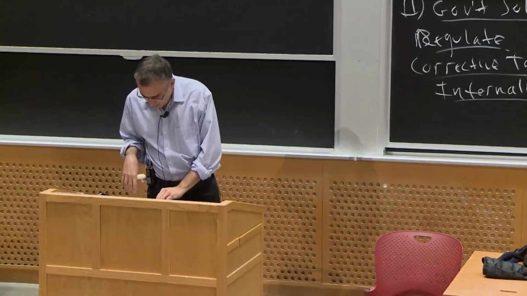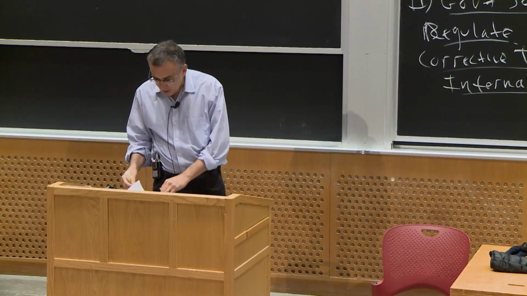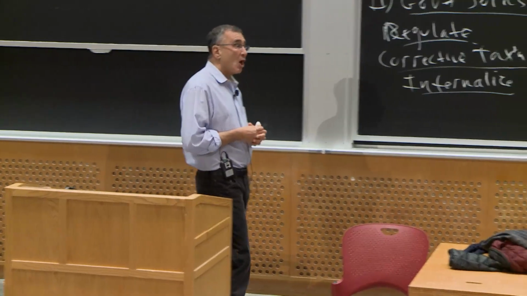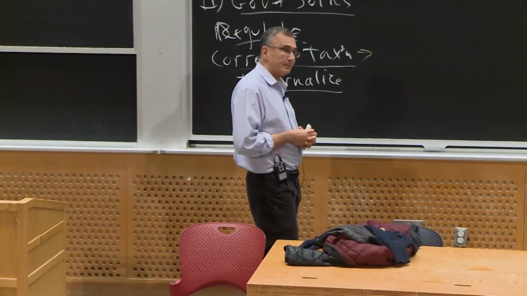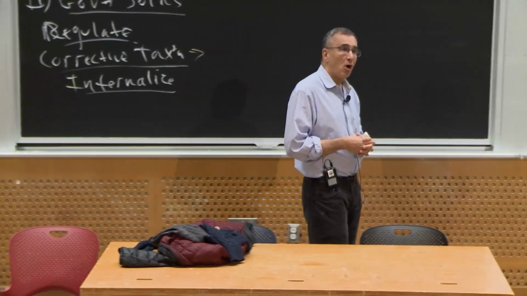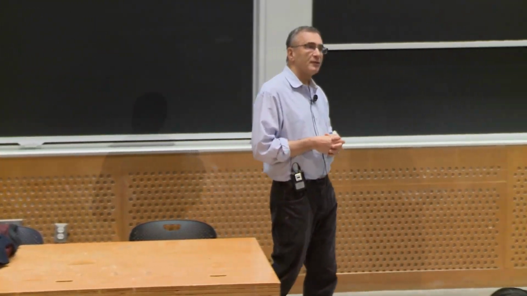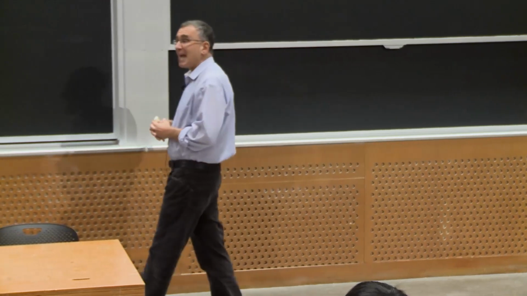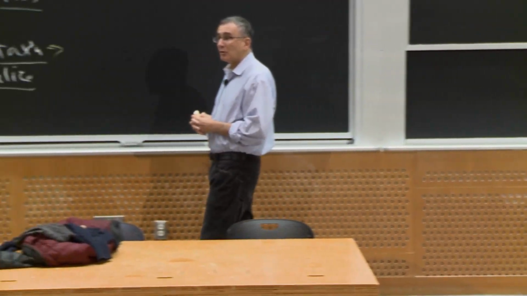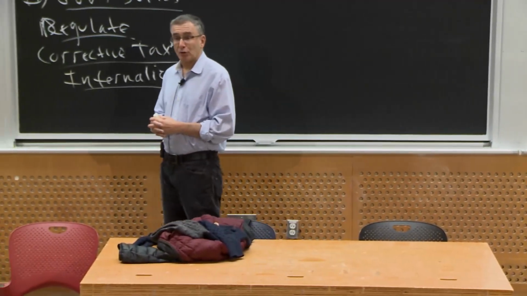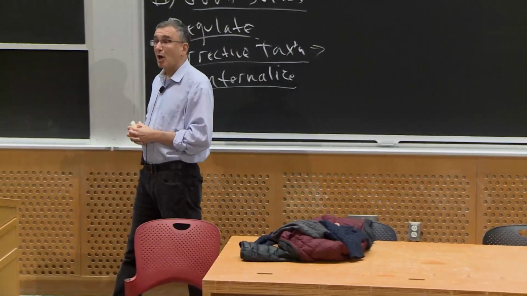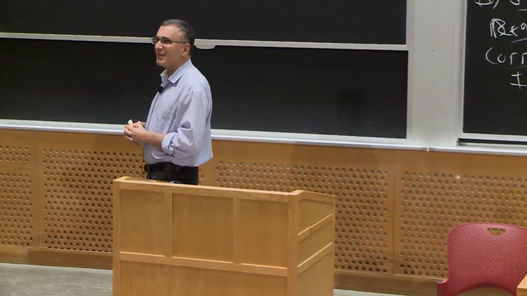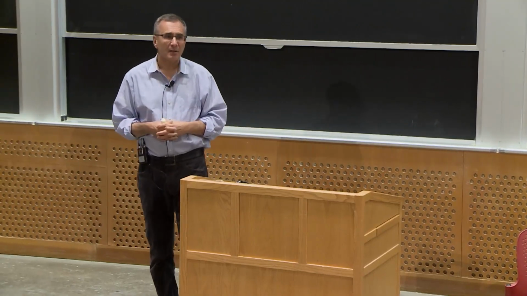Note that, going back to last lecture, we talked about the deadweight loss of taxation. We talked about how taxes create deadweight loss because they reduce the quantity produced. Trades that are productive are not made. Here we're saying a tax gets rid of a deadweight loss. It's exactly the opposite.